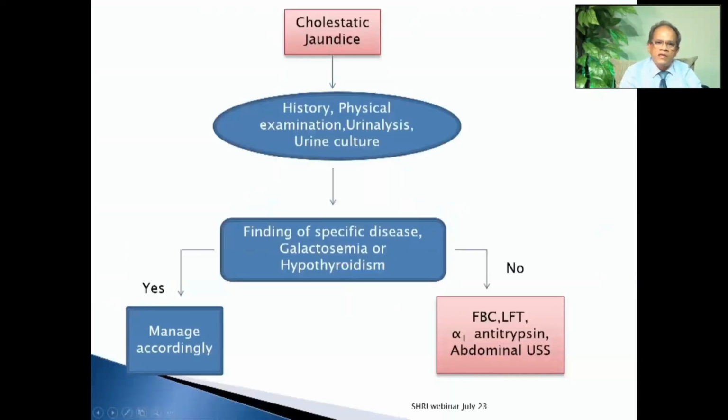And then in those patients, you obviously take a history, examine them and check the urine. And then if you find in your basic investigation there is galactosemia or hypothyroidism, then you manage the hypothyroidism or galactosemia accordingly. And if there is none of those, then you do your full blood count, the liver function test, alpha-1 antitrypsin levels, and an abdominal ultrasound.